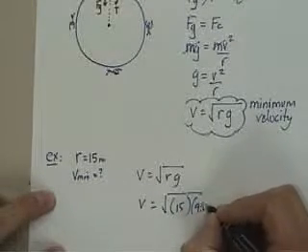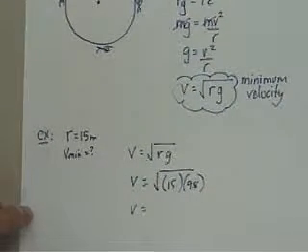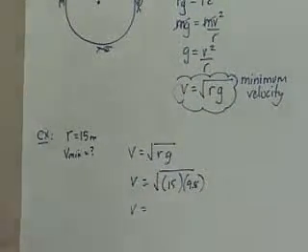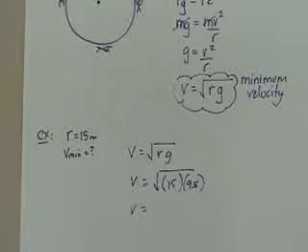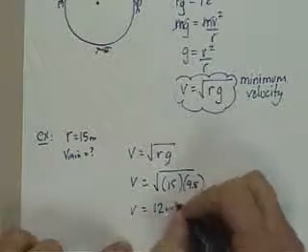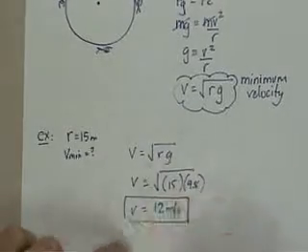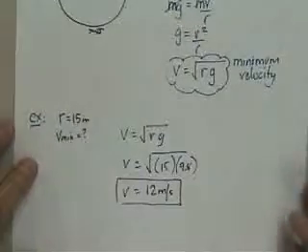I'll use gravity to be 9.8. 15 times 9.8, square root of that. So you end up with 11.9. I'll just call it 12 meters per second. That's the minimum velocity that you can travel in this 15-meter vertical circle at.